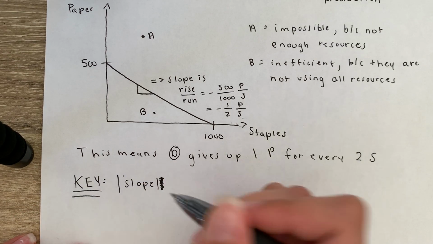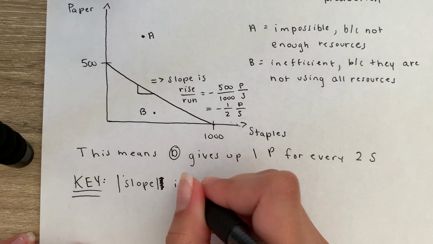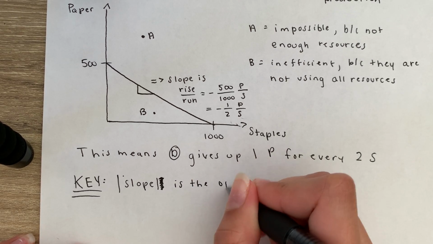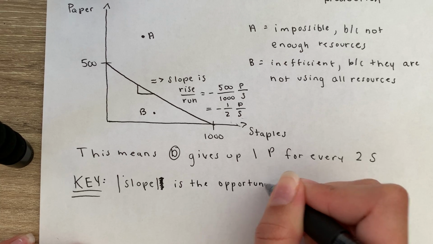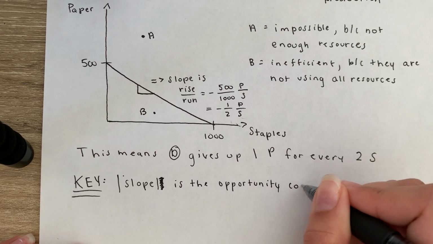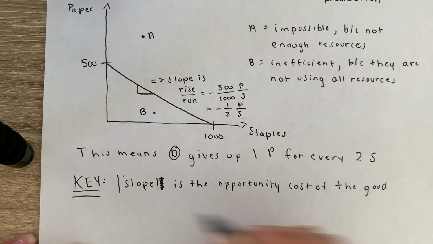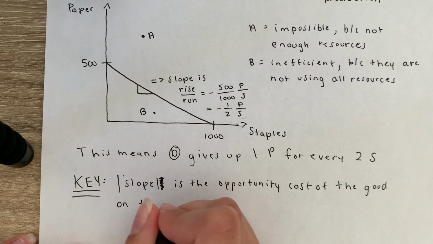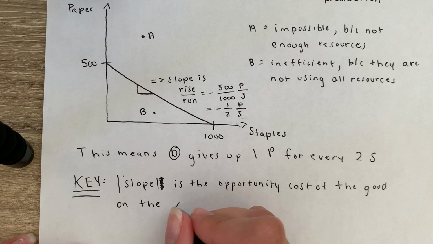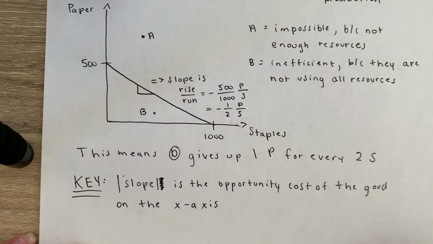This is supposed to be the absolute value of the slope is the opportunity cost of the good on the x-axis. So this is the key. The absolute value of the slope is the opportunity cost of the good on the x-axis.